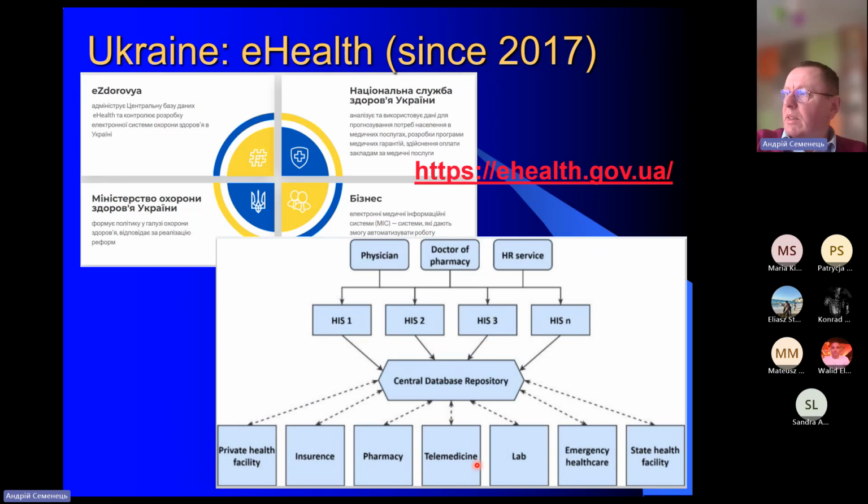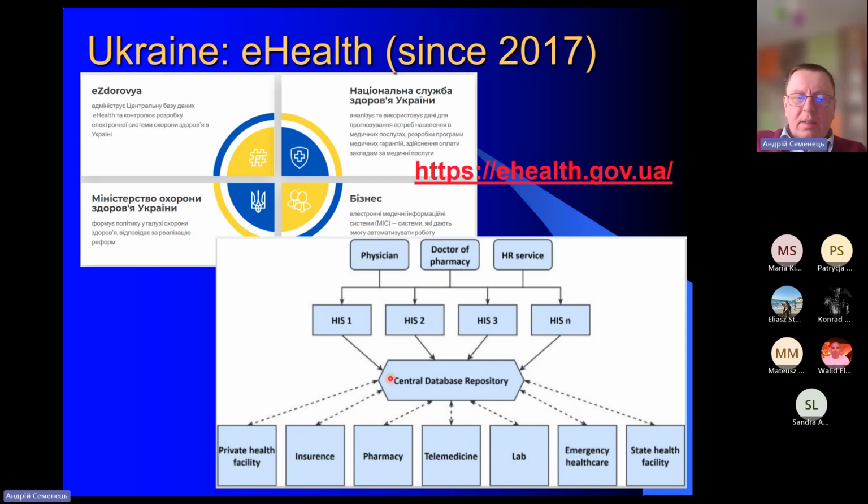They are provided and equipped with medical information systems, or HIS, Hospital Information System, and we have our central system or central database repository, maybe not a very correct term in my opinion, because it's actually an information system, which includes a database as well, of course, but it's more than a database, in fact.